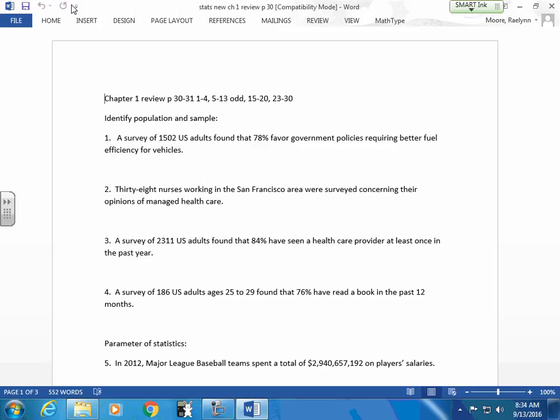Good. Zip codes of this sample. What level of measurement is that? Qualitative, what level of measurement? Nominal. The revenues of companies in the Fortune 500 list. Qualitative or quantitative? Quantitative. What level of measurement is that?